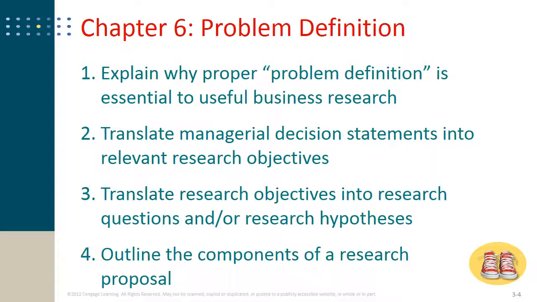What is it that we need that we don't have? What information or symptom is apparent in the business such that we feel like business research is needed to help address that problem. So we're going to talk about problem definition. We're going to talk about decision statements and how to translate those into good research objectives, which again will guide the rest of that research plan and that research project.